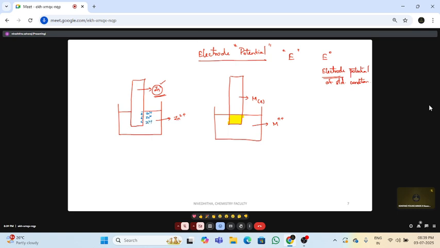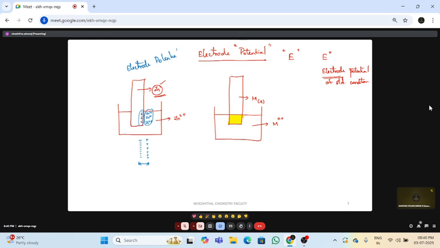So the electrons lost by the zinc are here, and the Zn2+ ions are here. Here we have negative charge and positive charge separated by a particular distance, which means a potential difference was generated. This potential difference is the electrode potential. The potential difference developed in this electrode is called electrode potential.